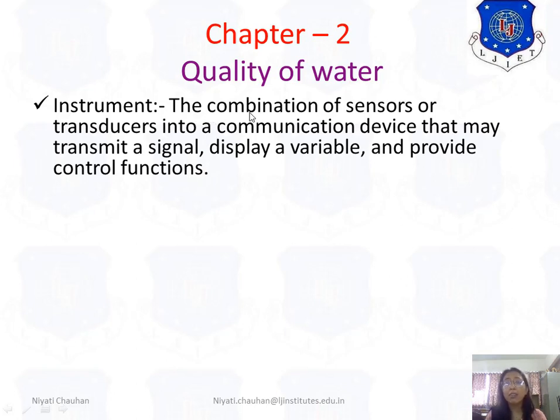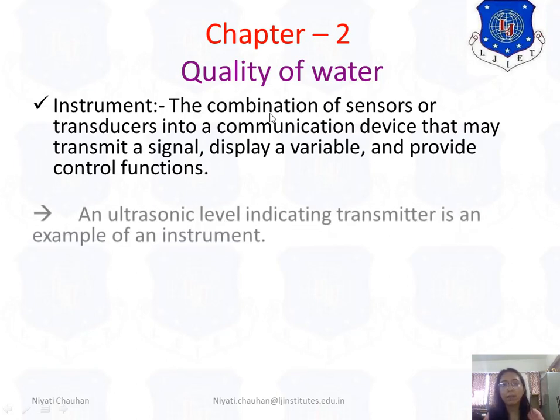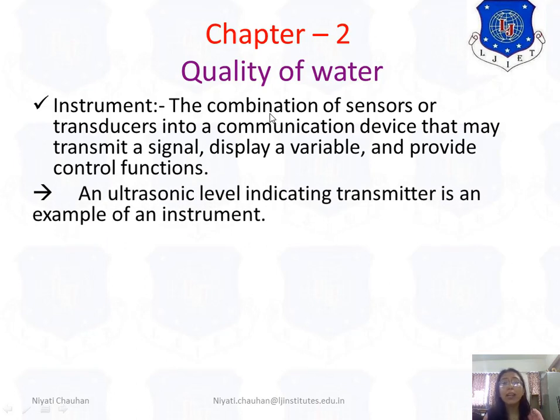It means an instrument is a combination of sensors and transducers. We also communicate with other devices to transmit signals, and an instrument can also display a variable and provide control functions, right? So this is an instrument. An ultrasonic level indicating transmitter is an example of an instrument.